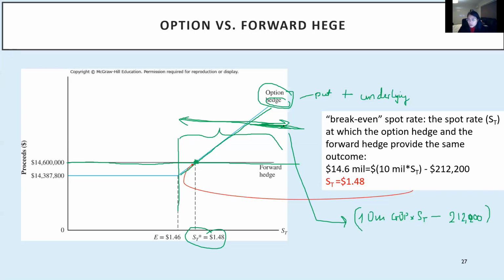So on the right-hand side, your option hedge payoff function is given by this. If you want to find the rate at which your forward hedge is equal to your option hedge, you just have to equate your forward payoff with the option payoff. And you will find that at the rate of 1.48, your option hedge will yield the same outcome as your forward hedge.